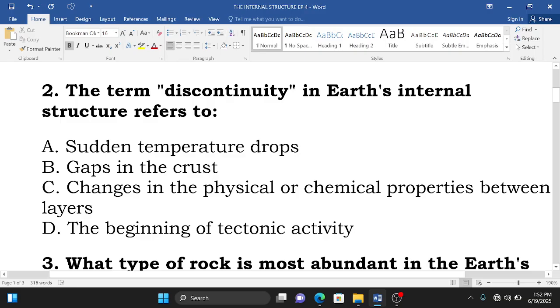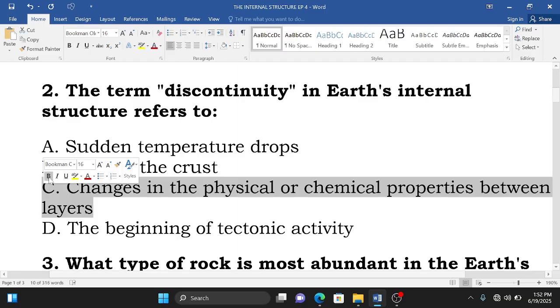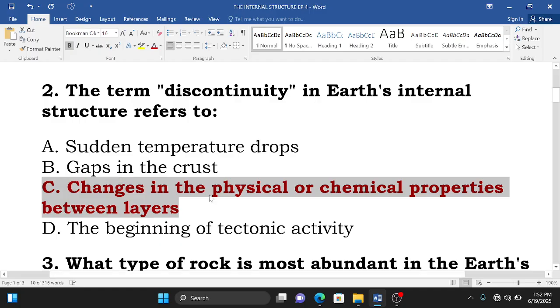The correct answer is C, change in the physical or chemical properties between layers.